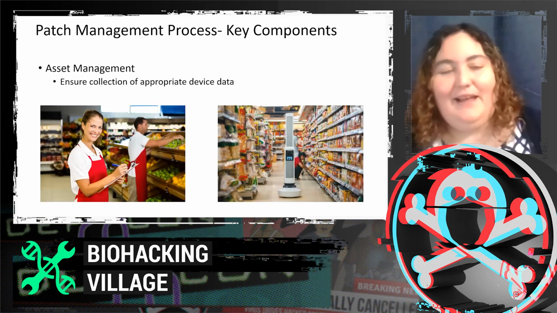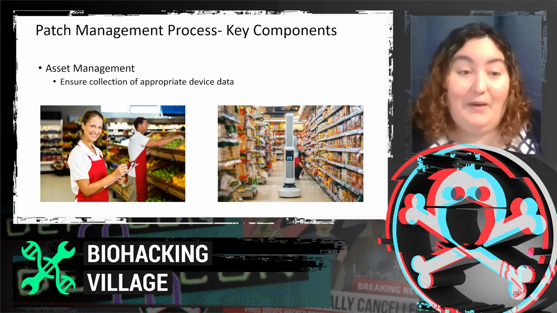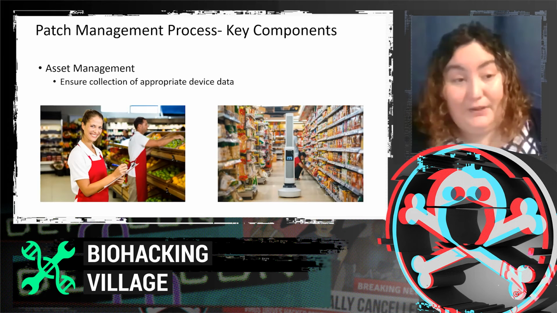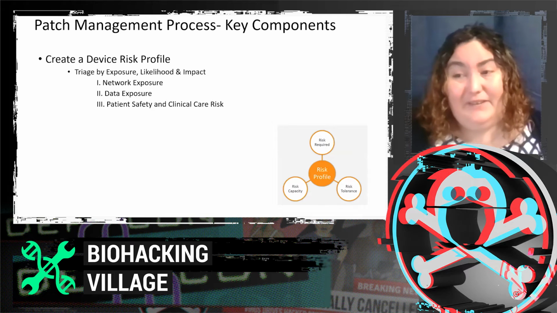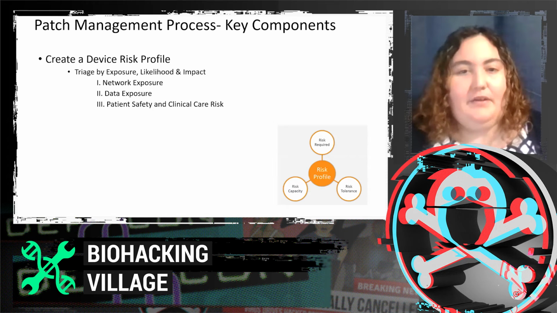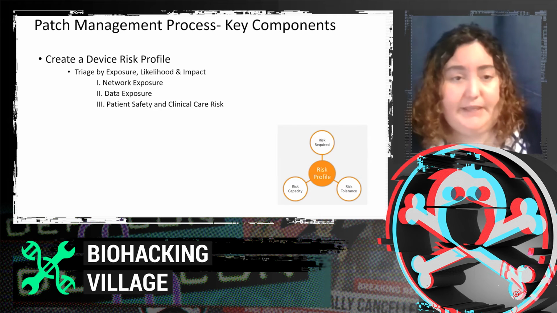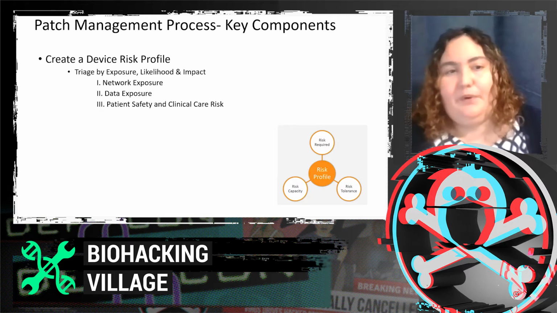So as you may or may not tell by now, I'm pretty keen on processes. Asset management is an important part of many of the things I've mentioned, including patching. You're going to want to give each device a profile where you're triaging by exposure, likelihood, and impact in your risk profile.